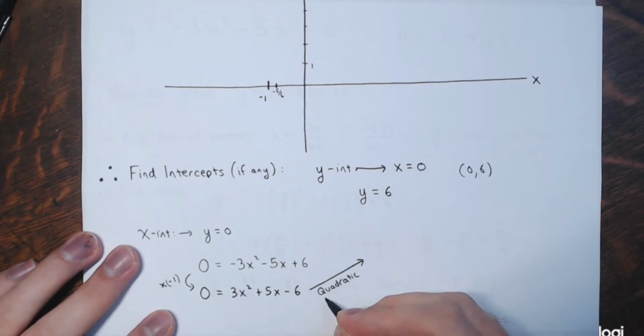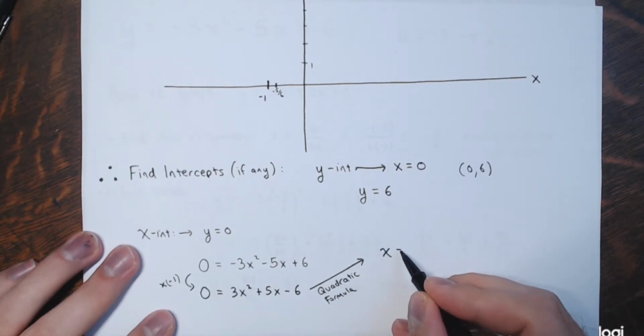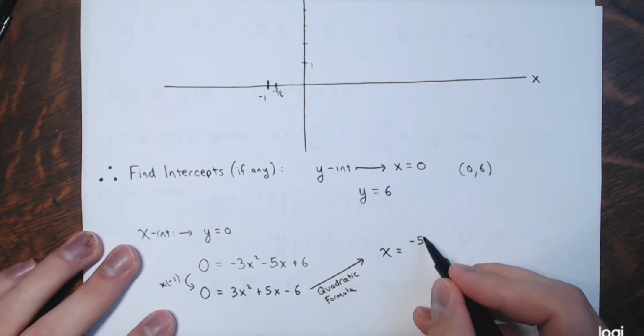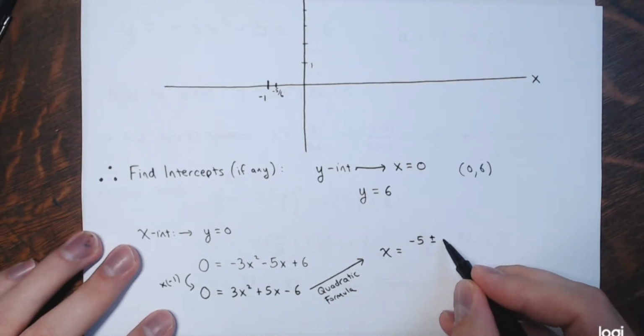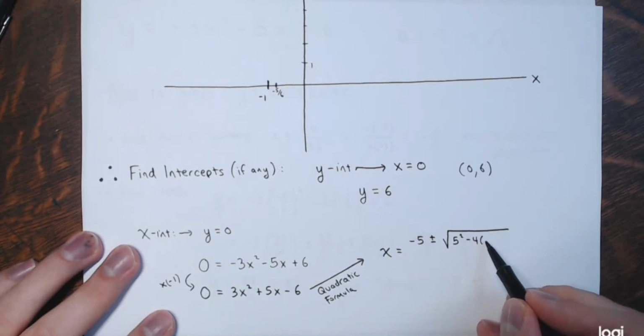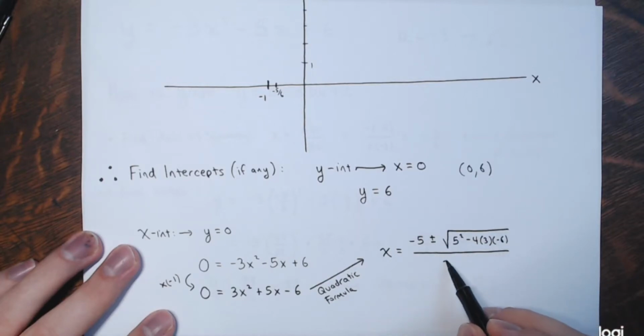So x equals the opposite of b, the linear coefficient, so negative 5, plus or minus the square root of b squared, 5 squared, minus 4 times a times c, 4 times 3 times negative 6, all divided by 2 times a, 2 times 3.